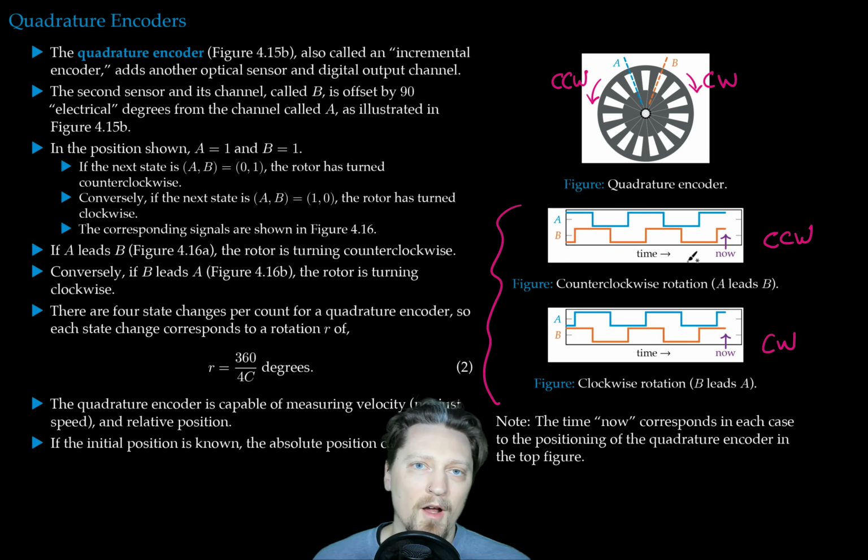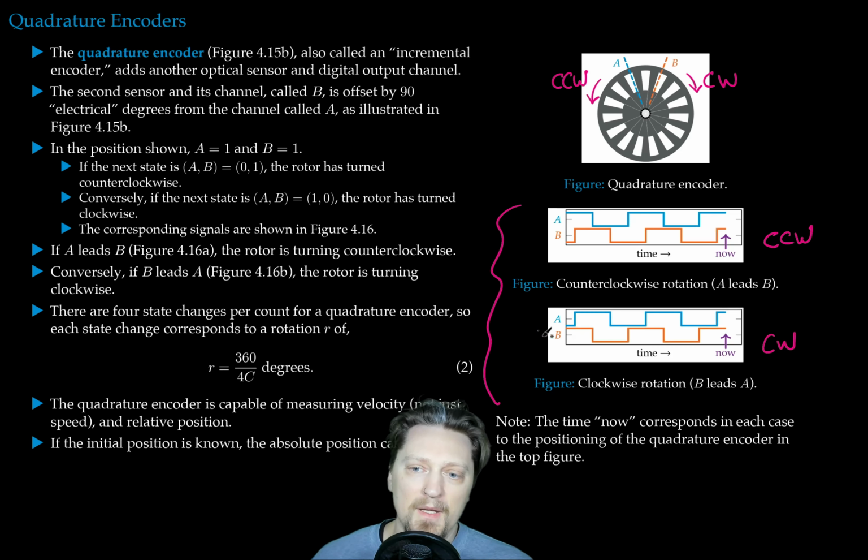This is a diagram that shows the trace over time, assuming they're rotating at a constant velocity. We see that through time we have A leading B. So when A goes down, a little bit later in time, B goes down. When A goes up, a little later in time, B goes up. Here is now shown where they're both 1.